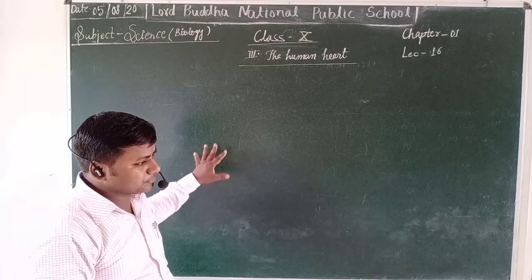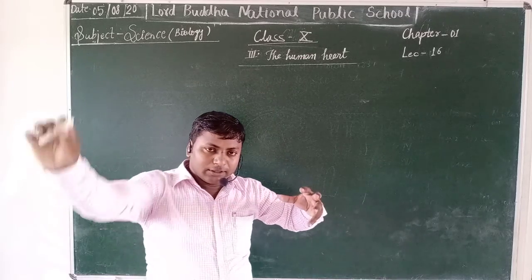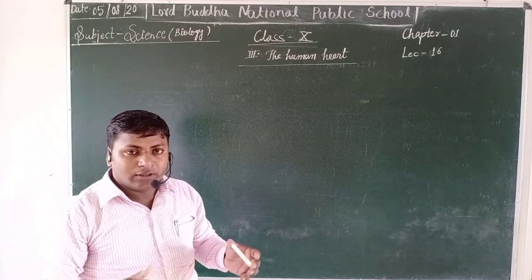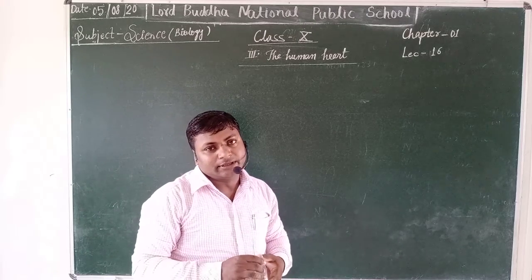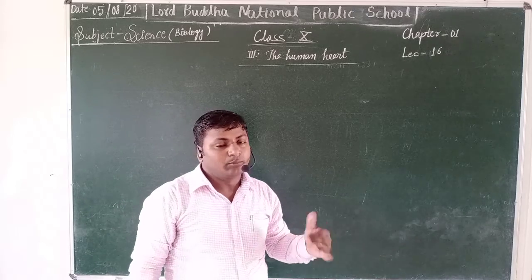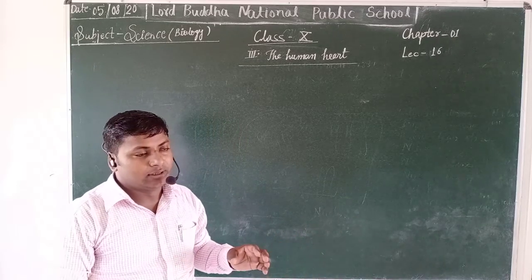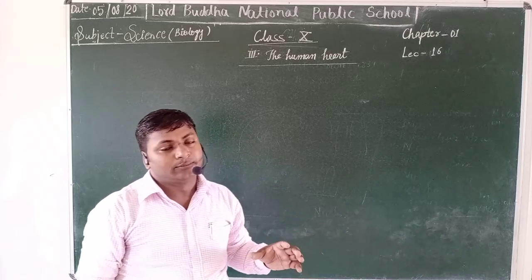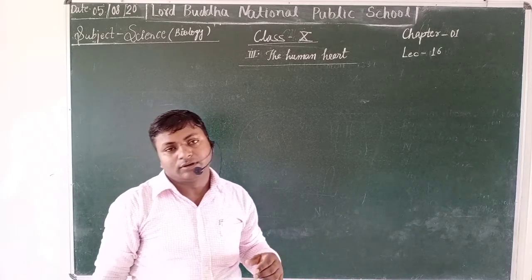Now students, the human heart is about 12 to 15 centimeter in length, 7 to 7.5 centimeter wide, and 4 to 4.5 centimeter thick muscular organ.